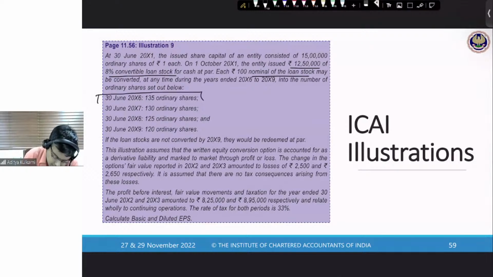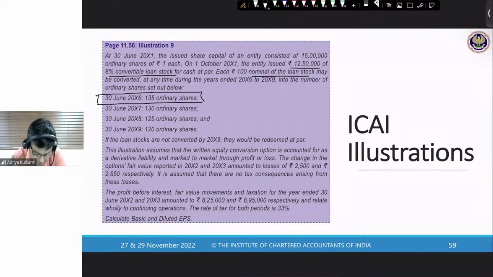So this is the ratio that maximizes the conversion. So we will be doing the solution based on the first ratio itself. Okay. So we are selecting that ratio, which is maximizing the conversions.